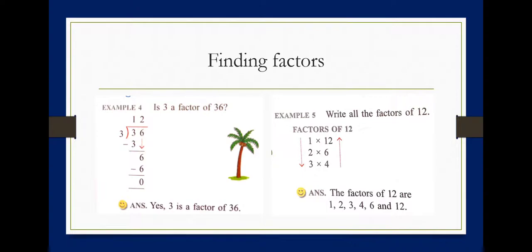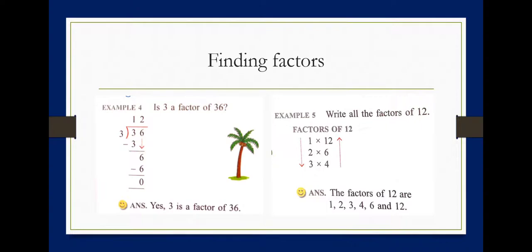So here 36 is the dividend, 3 is the divisor. The dividend we have to write inside. Divisor means which table you are going to use. That means third table. So 3 ones are 3. 3 minus 3 is equal to 0. Then which number is remaining? 6. Put the arrow mark, take 6. 3 twos are 6. So the answer is 12. Yes, 3 is a factor of 36.